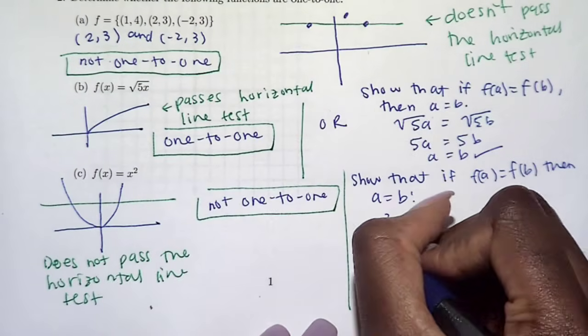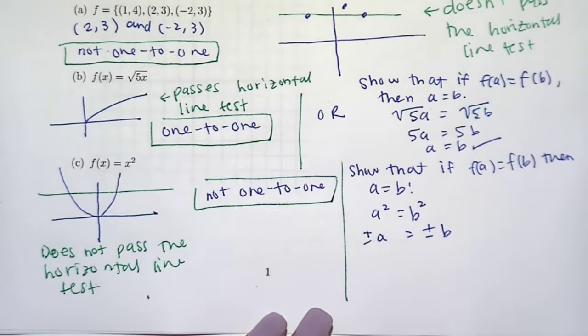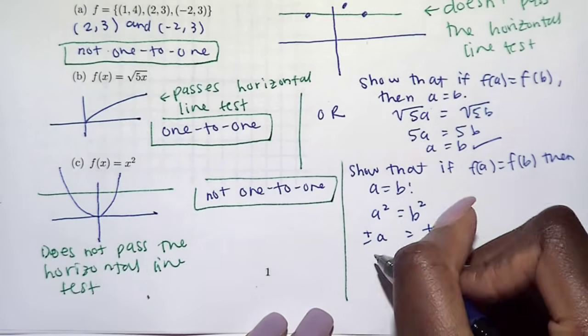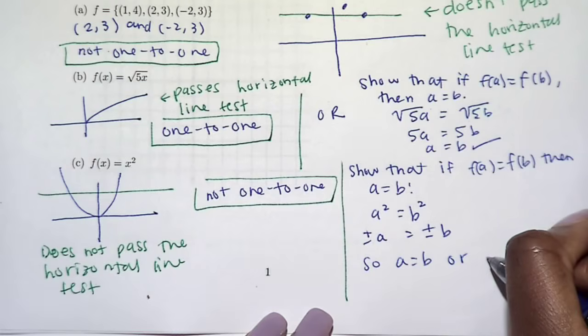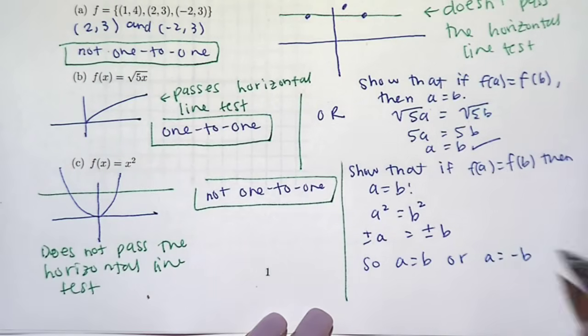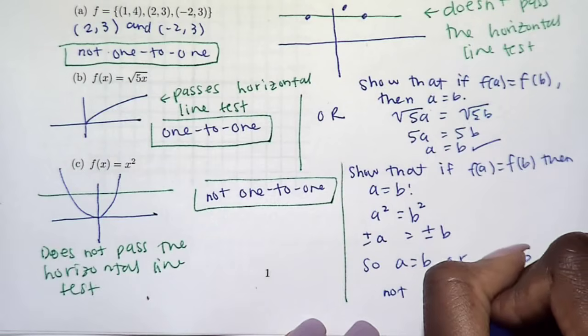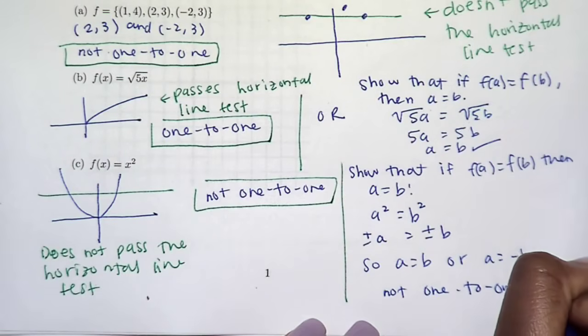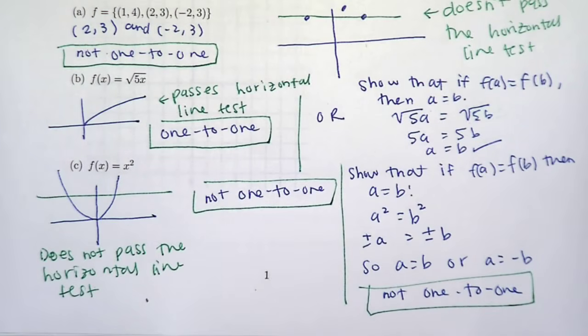Plus or minus. Plus or minus a, plus or minus b. What does that mean? This could mean that a equals b, or a equals negative b. So we get multiple answers here. That means it's not one-to-one. Okay, so this is how you figure out if a function is one-to-one, both algebraically and graphically.